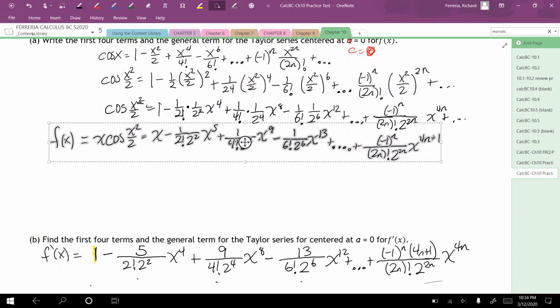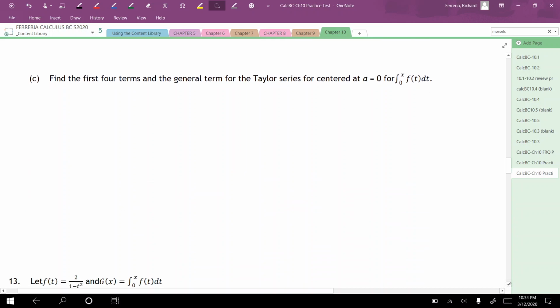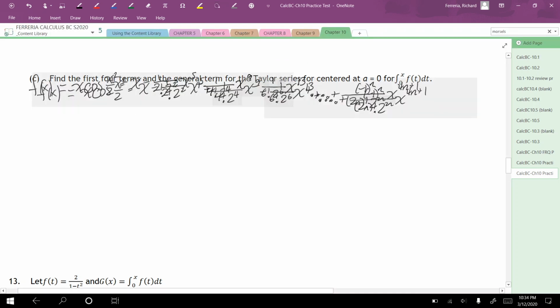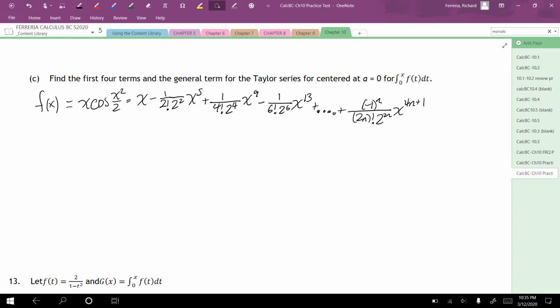Copy. Let's go down to letter C. There's my C. And let's paste. Oh, that's not it. Paste. Yeah. Amen.